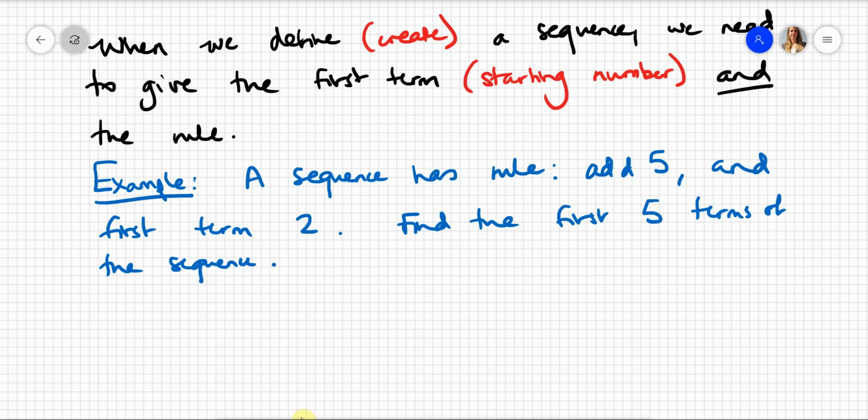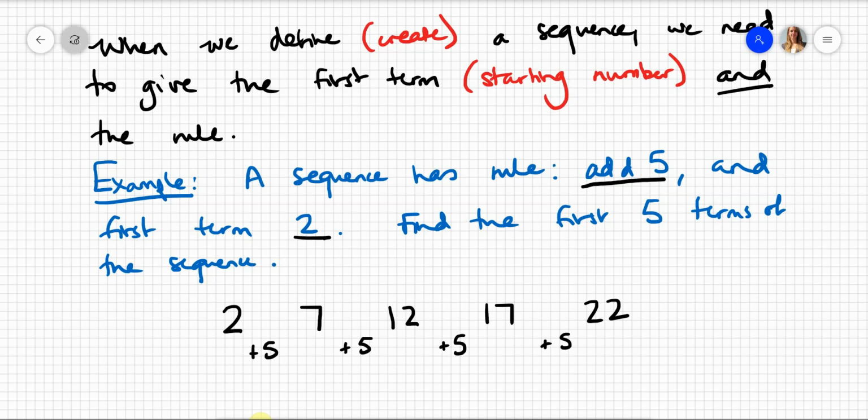So, first term is 2, and then I'm adding 5 each time. So plus 5 is 7, plus 5 is 12, plus 5 is 17, and plus 5 is 22. So I have now found the first 5 terms of the sequence.